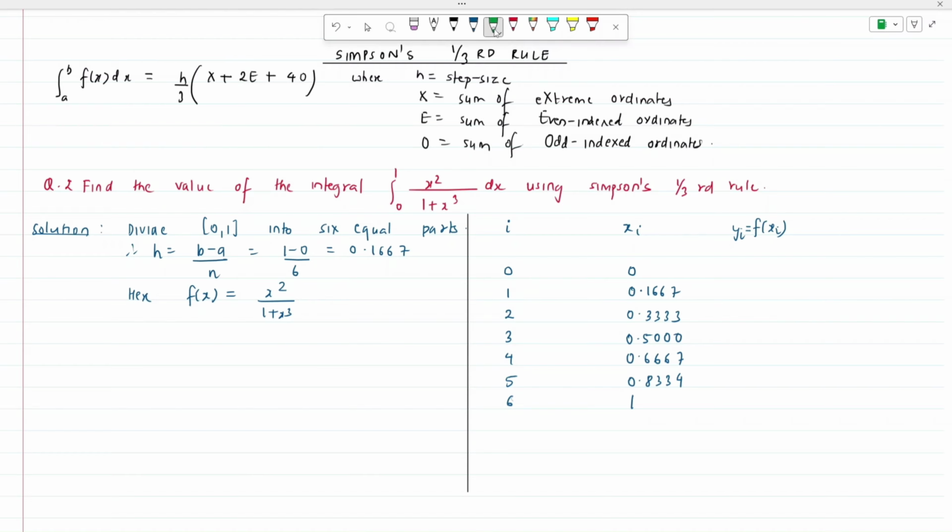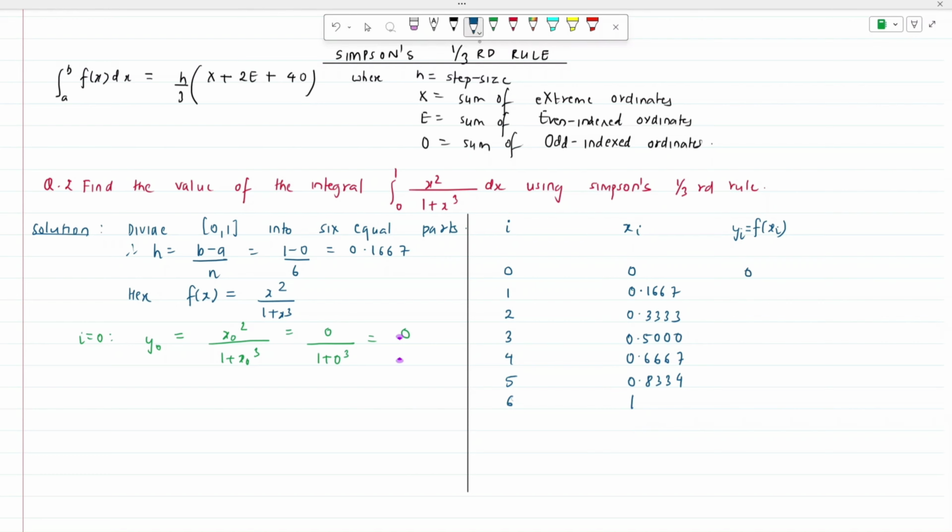So let me show you the first one. When i is 0, we are going to get y0, which is x0 square divided by 1 plus x0 cube. So x0 is 0, so 0 square is 0 in the numerator, then 1 plus 0 cube. So we get that the value of y0 must be 0.